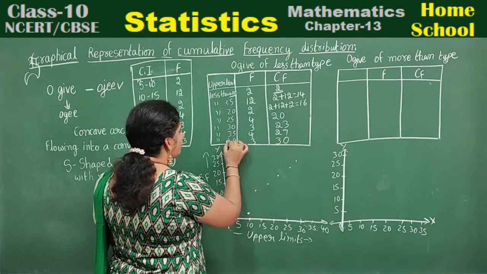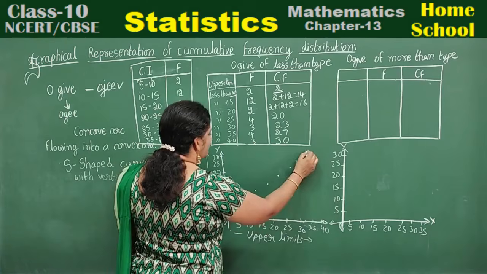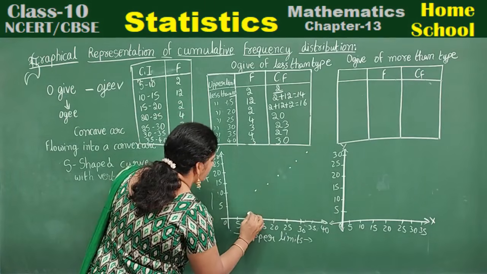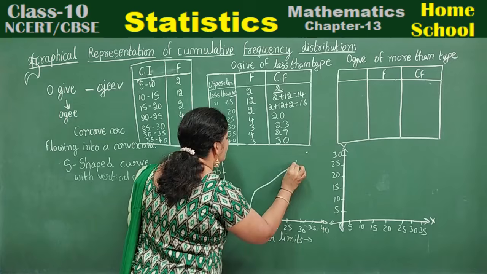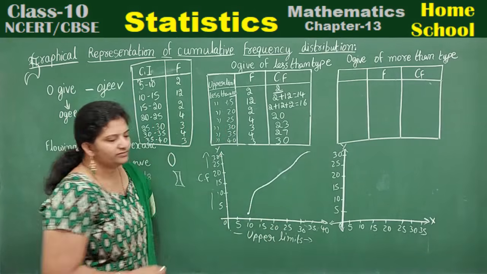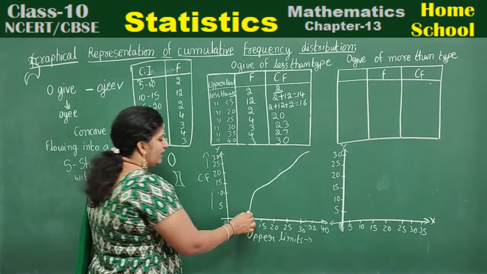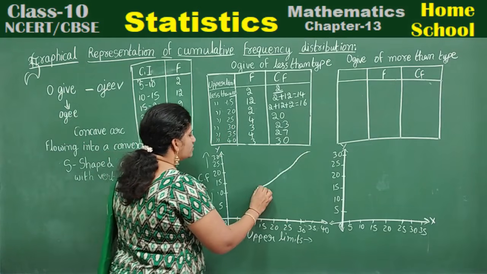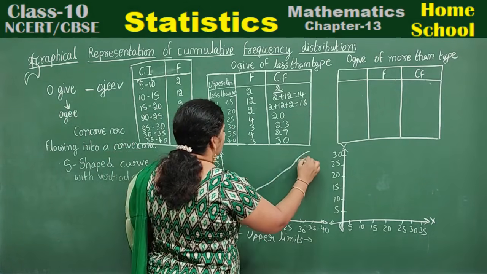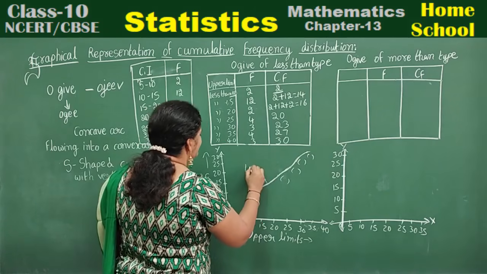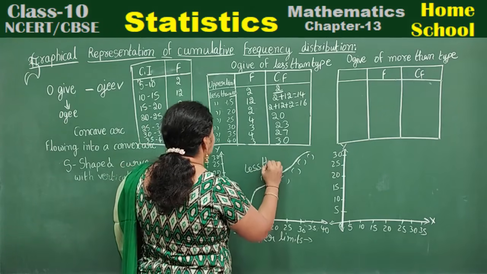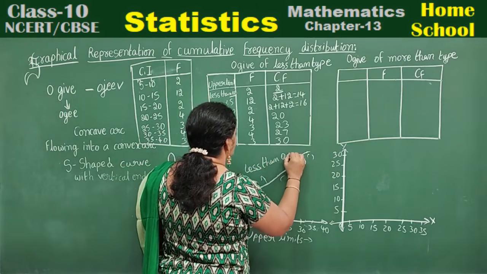Here, 40, 30. Now, look here. You are going to draw a freehand curve here. So your curve is like this. You need to plot all the coordinates here and write this as less than type ogive.